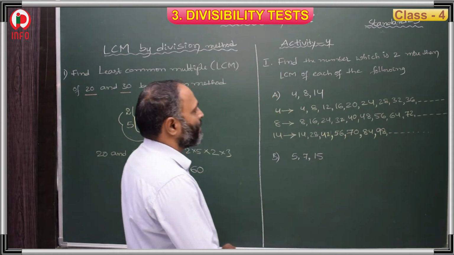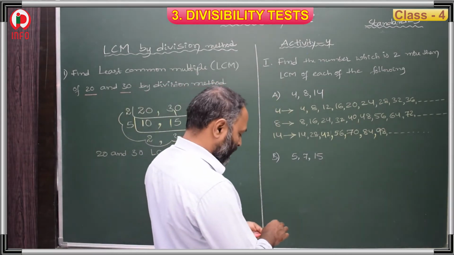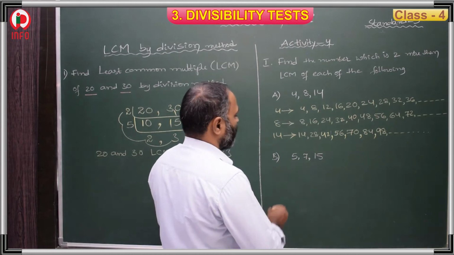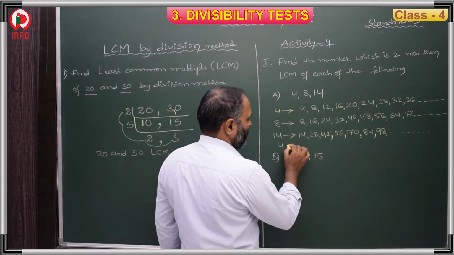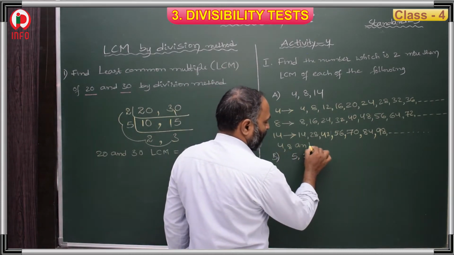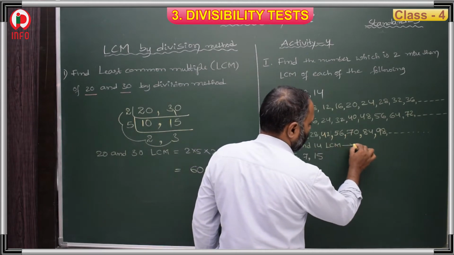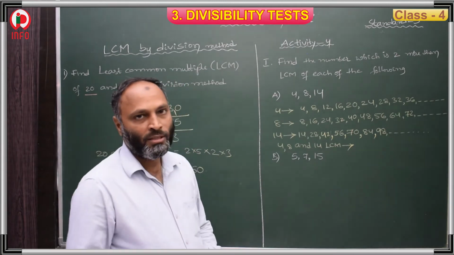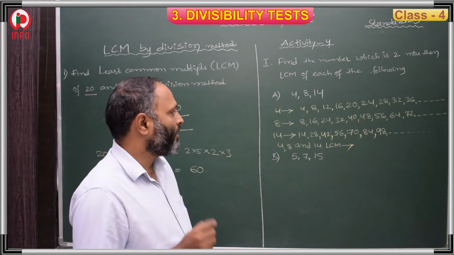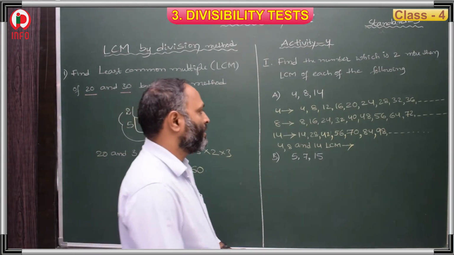Now we have to find the LCM of 4, 8 and 14. LCM means least common multiple. Least common multiple means that multiple should be common in all three.